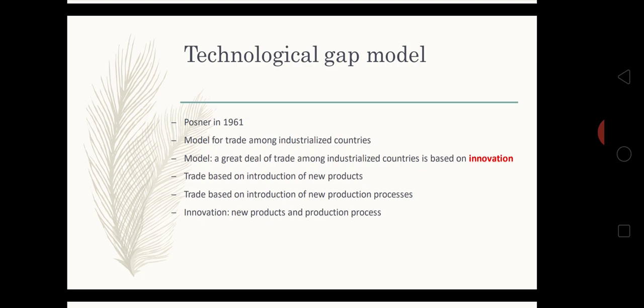According to the technological gap model, international trade is driven by innovation. This is Posner's model, 1961. Innovation leads to the introduction of new or novel products, or the introduction of a new production process. These two come under the purview of innovation.